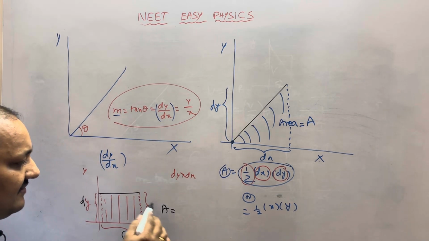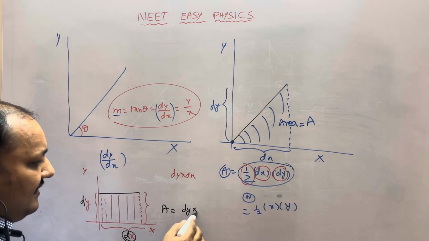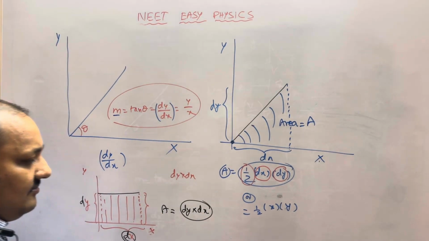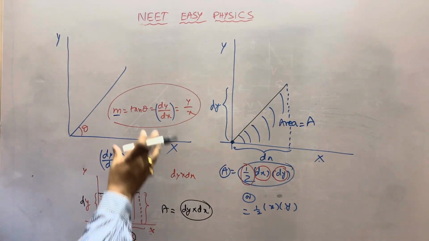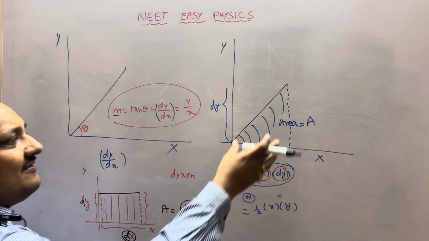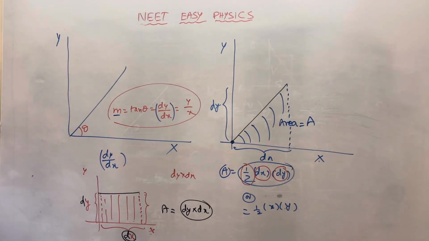Therefore the area of this one is dy into dx. Whenever we are solving problems, you either have to calculate the slope, otherwise the area, from whichever graph they give.